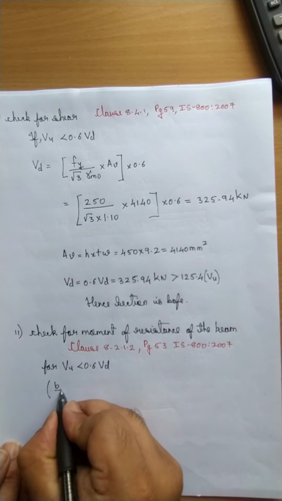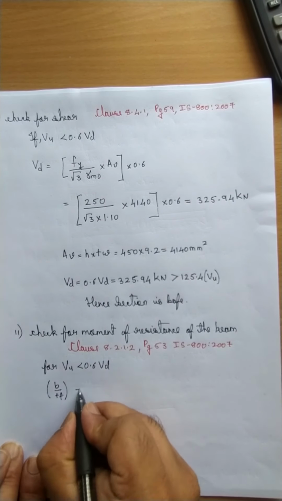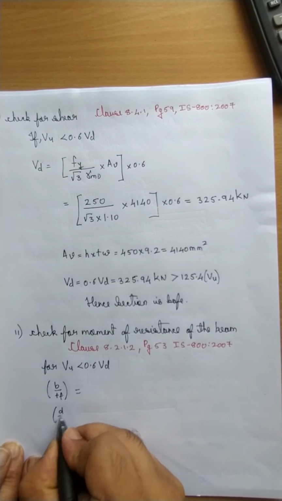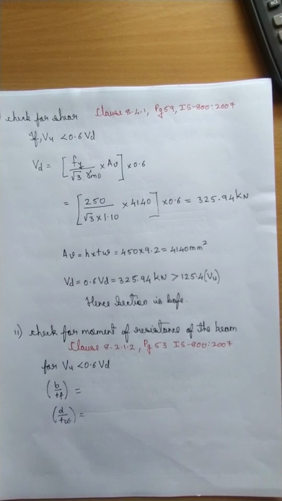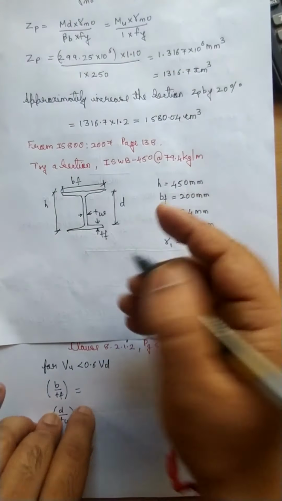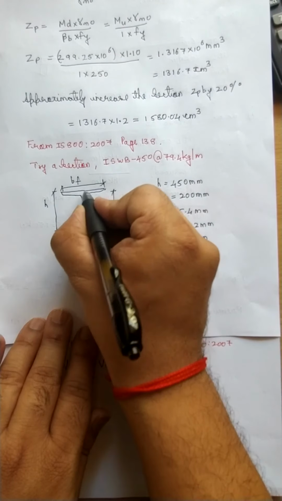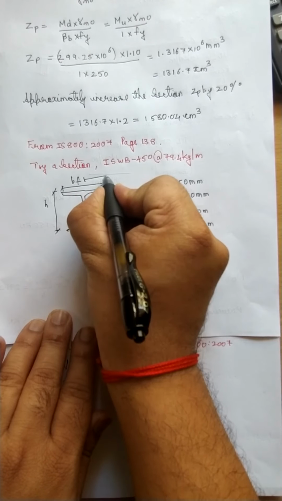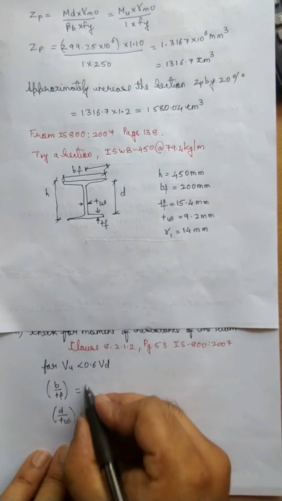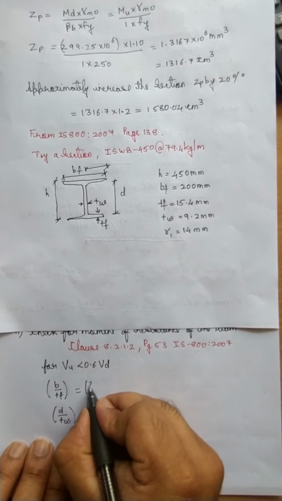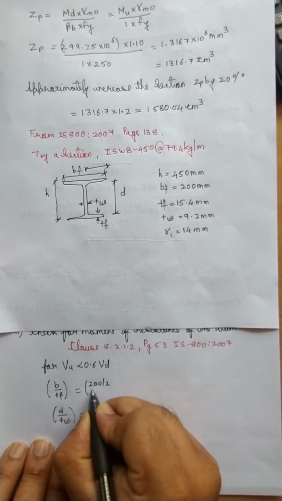So B by TF ratio and D by TW ratio, because in the earlier case we had assumed, so we need to know what is the component. So this is our section. I have already told that B is nothing but this portion, whatever width is there divided by 2. So width is 200 divided by 2.